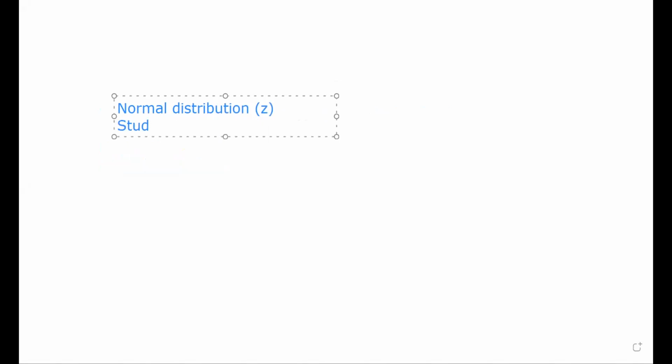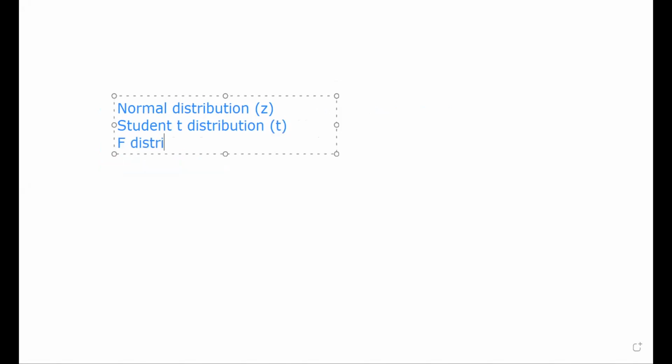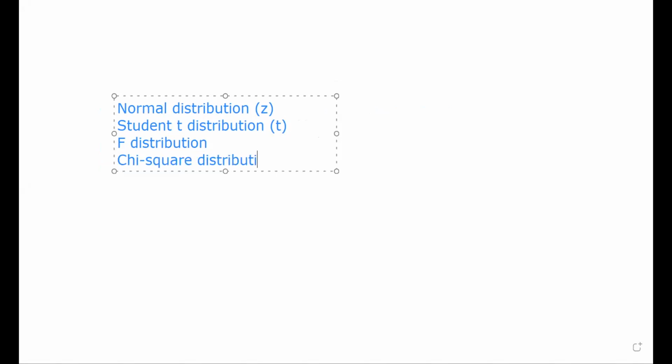Student T distribution, we have T distribution here. F distribution. And then we have chi-square distribution. Usually we use these distributions.